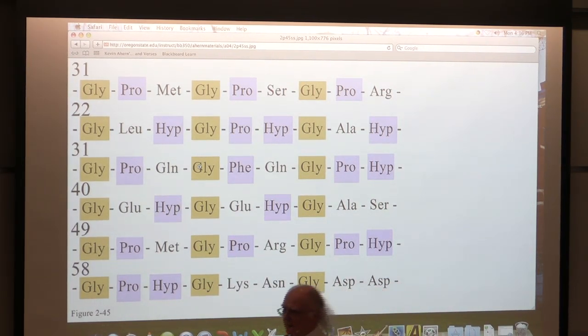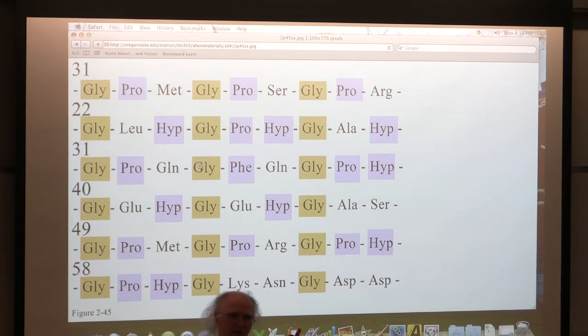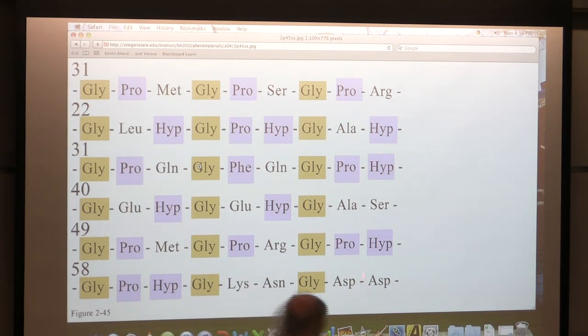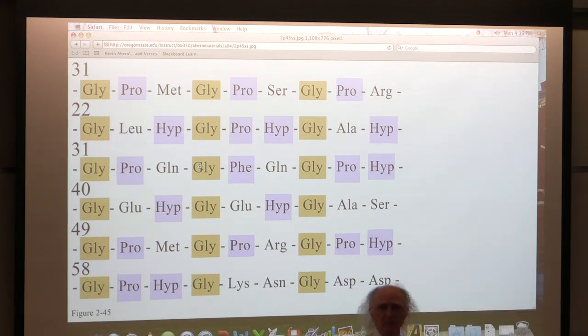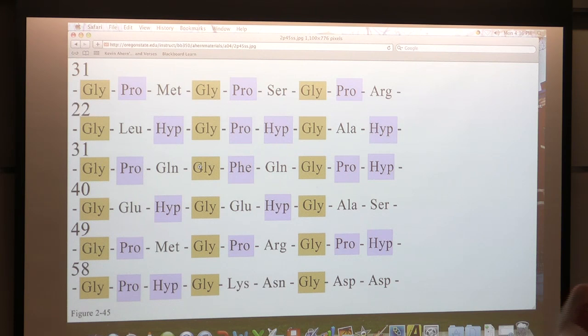Two things. First, there's an essential component for putting that hydroxyl group on there. It's vitamin C. If you don't have vitamin C, you don't put that hydroxyl group on there. That becomes a very important point, which is the next one I want to make: the hydroxyl groups that are on there are the things that make the covalent bonds.